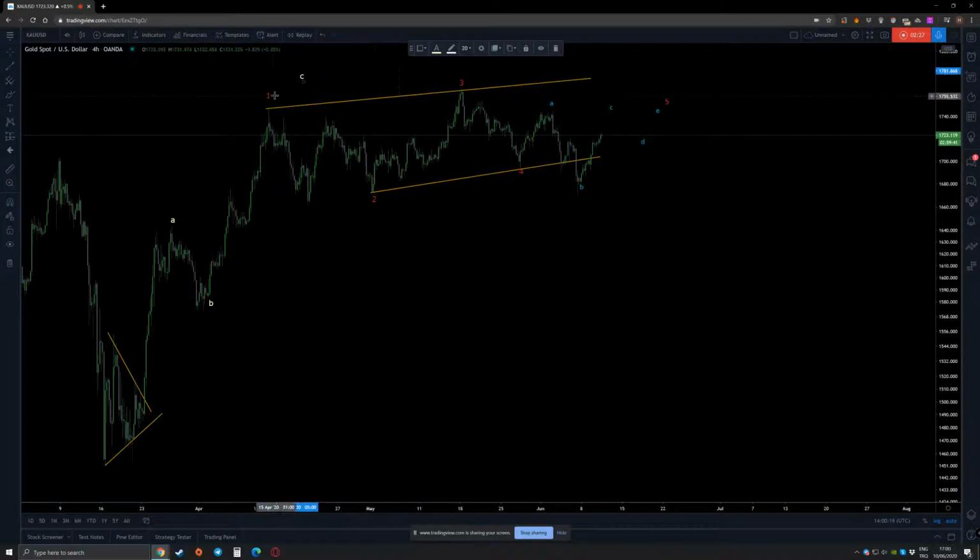Now, why did I label it like this? Well, if I put wave 1 here, and I would put wave 2 here, and for example 3, 4, and a 5.